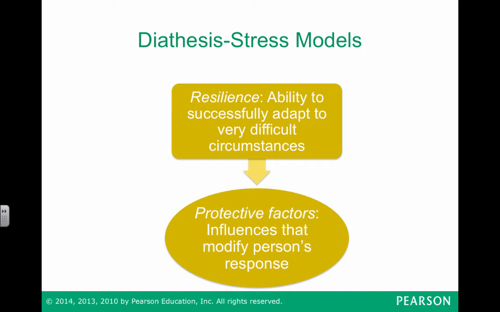It could be their personality or temperament. It could be a supportive adult in their life. It could be a special talent that they have, but it serves to protect them from some of the things that would normally cause a stress to be triggered.